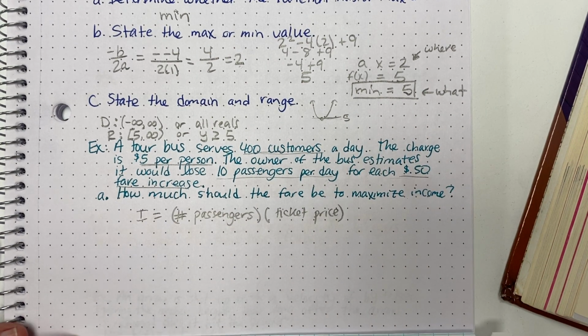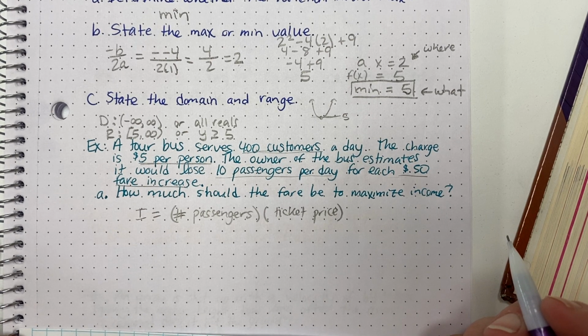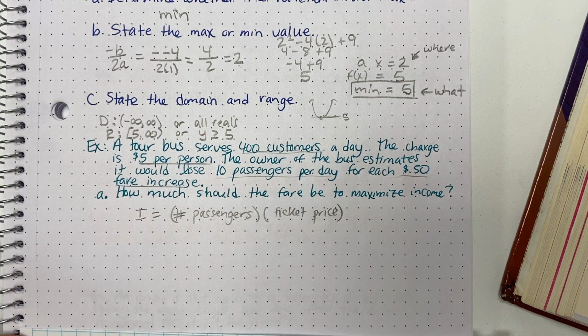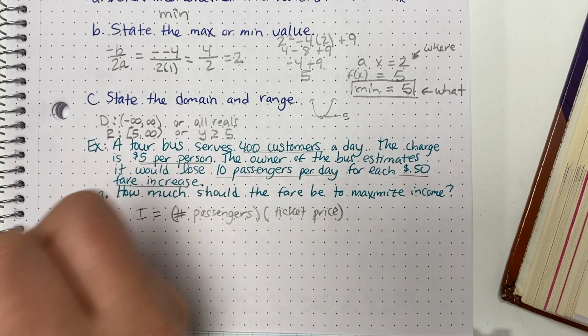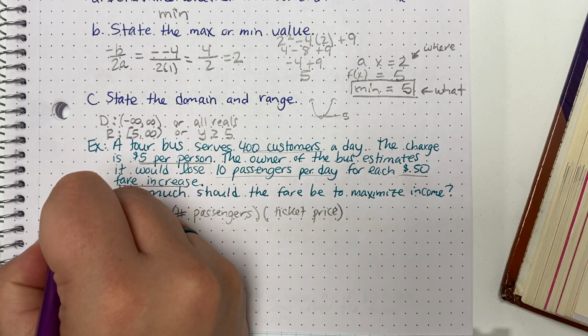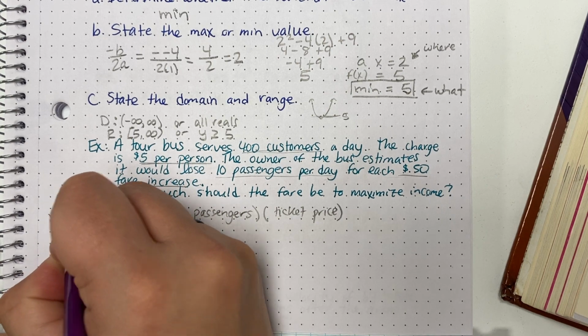I'm probably going to need to make some little expressions for each of them. So the number of passengers, that is all going to depend upon how many increases in price we do. So what we're going to say is that x is going to equal the number of 50-cent fare increases.